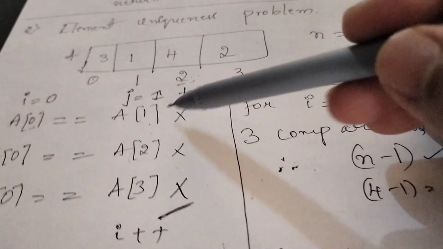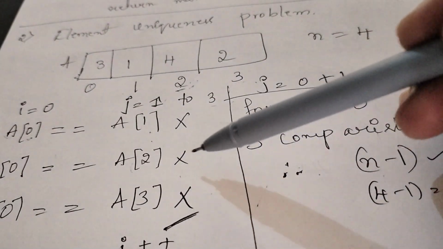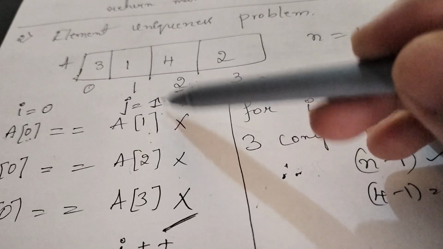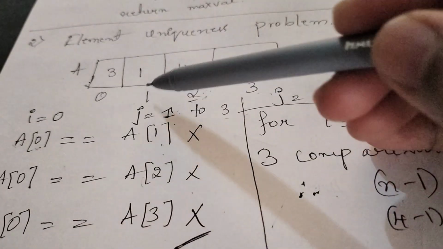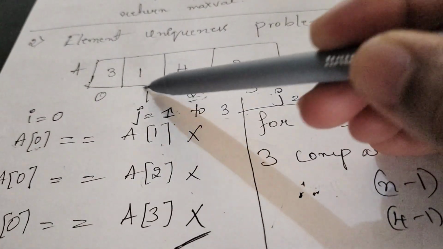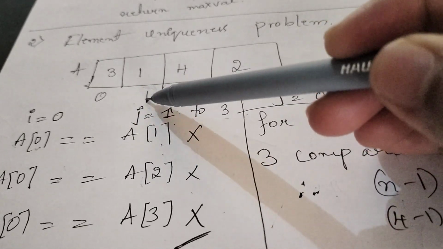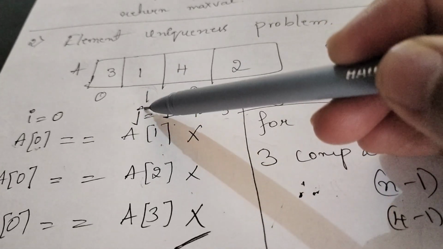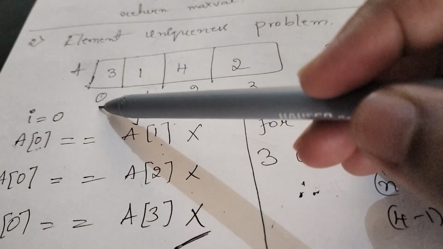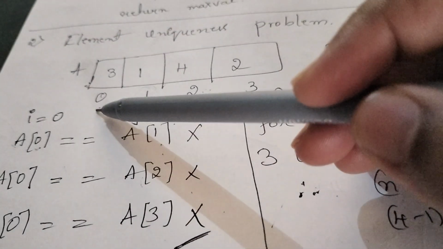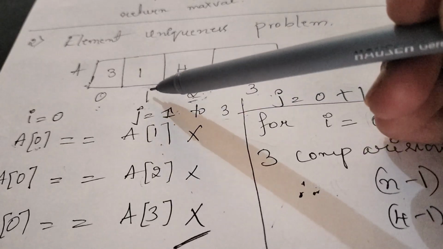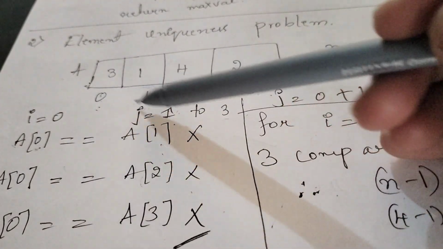In the same way, let us analyze the variable j. Here, variable j has the initial value 1. It has to start with 1 because I is starting at 0 and j should start at 1 so that we can make the comparison of these two.